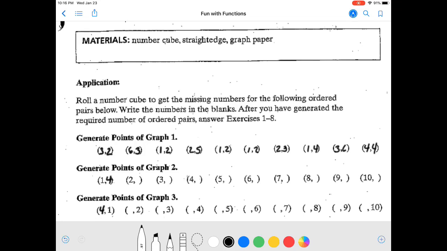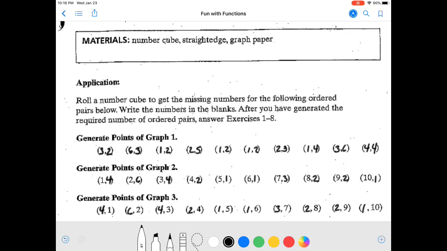On the next one, I got 4 for my first number, and I used the same numbers for graphs 2 and 3. Then I got 6, 4, 2, 1, 1. 1 was a popular number today. 3, 2, 2, and 1.